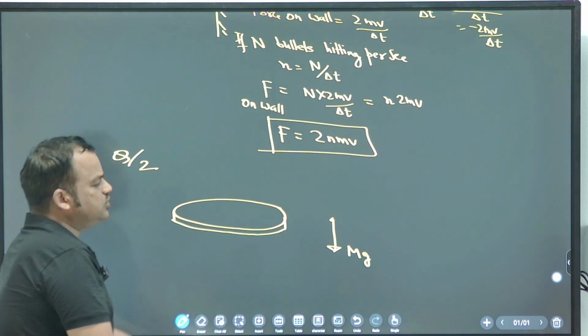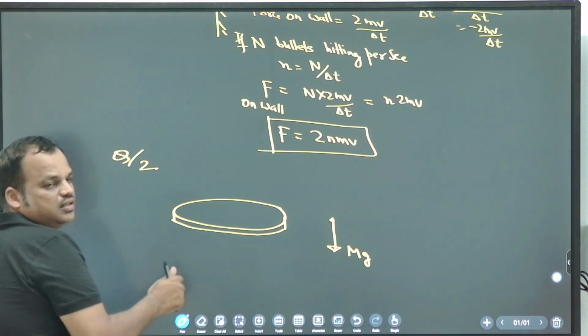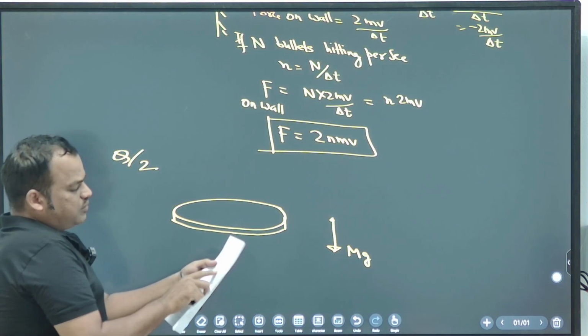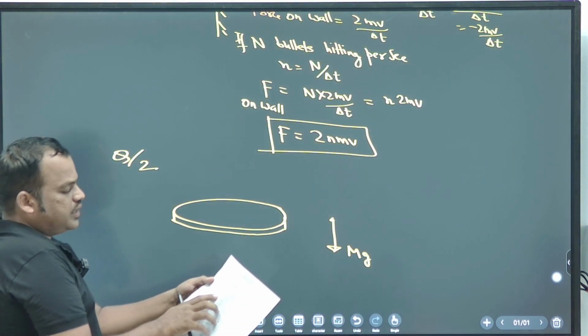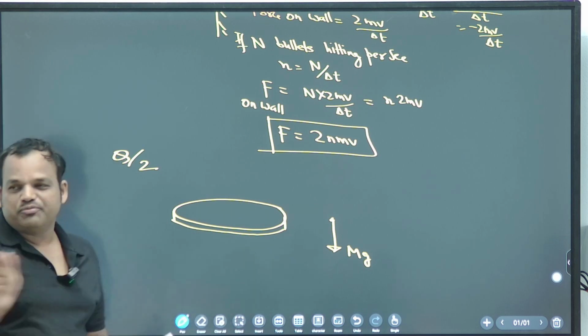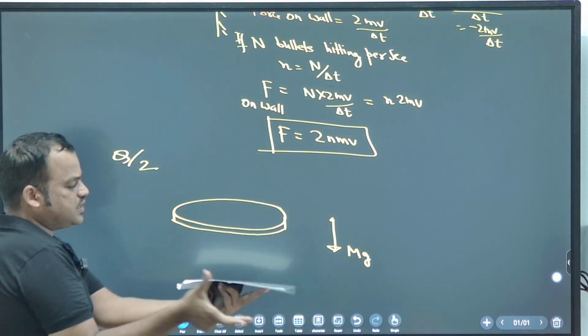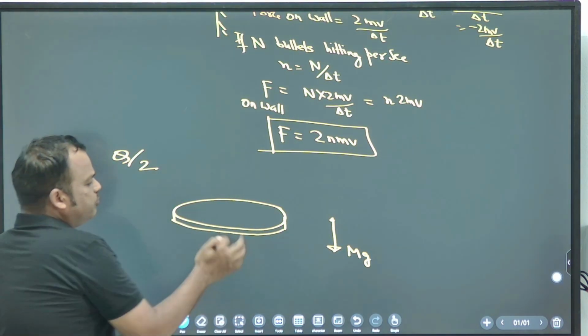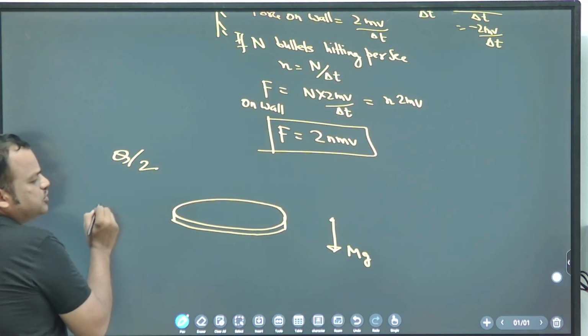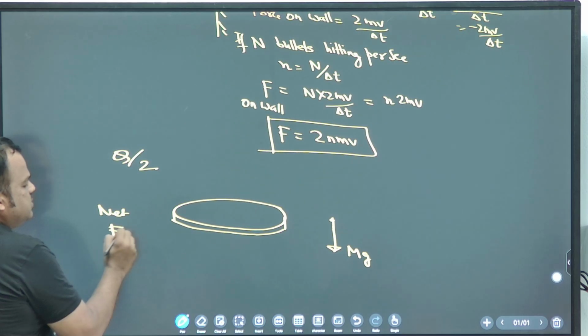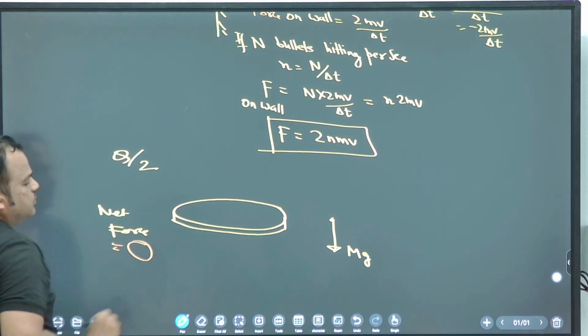So the disc will also fall. But according to the question, it is kept floating. Kept floating means horizontally at rest like this. So what is the net force? 0.